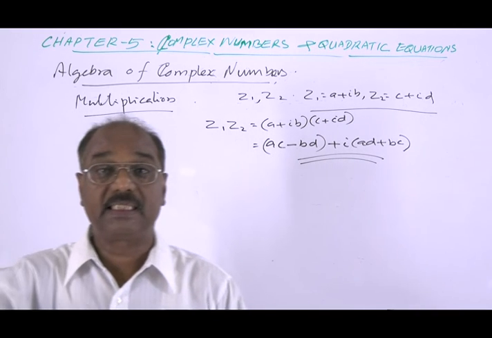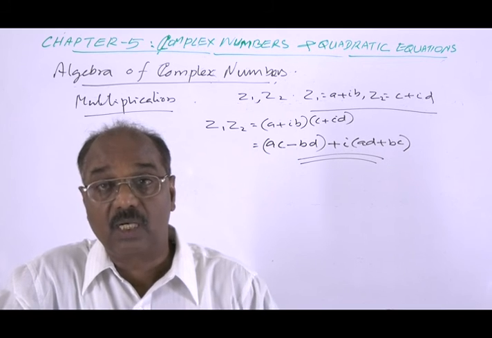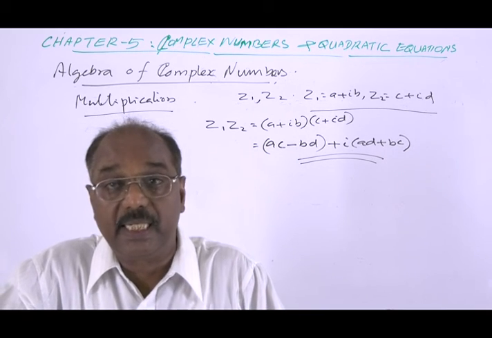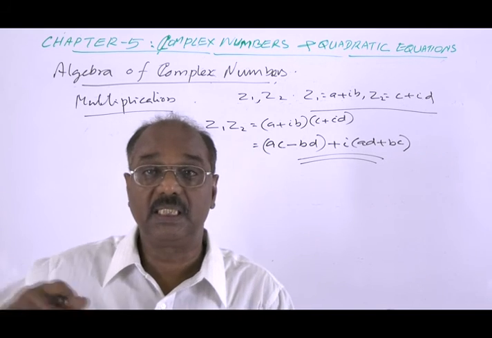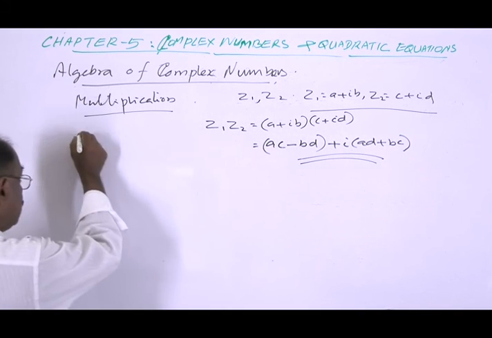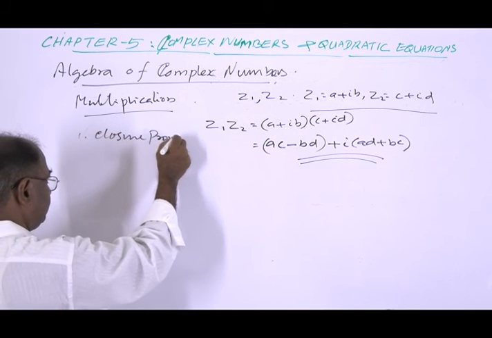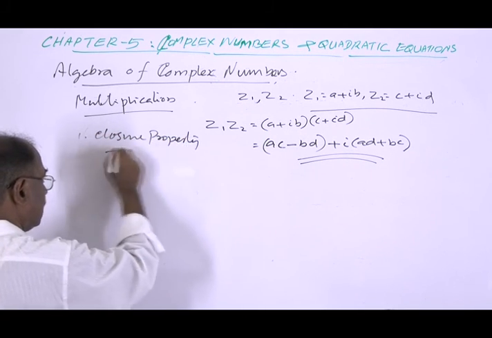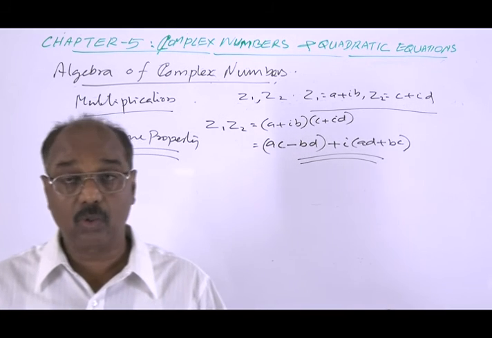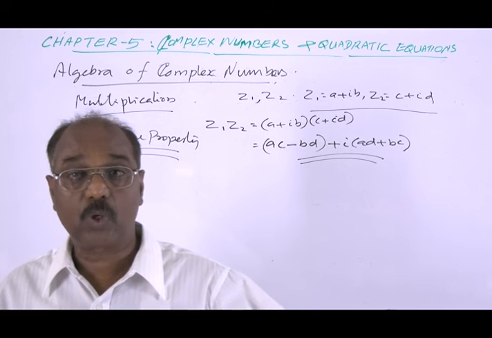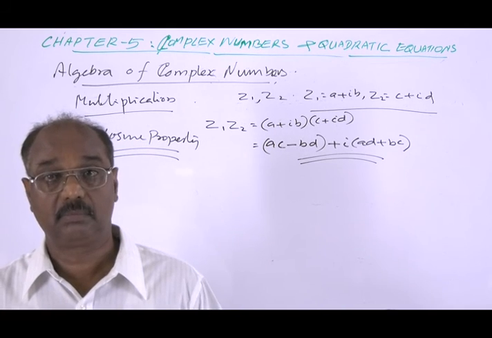And now we can check the various properties. What are all the properties satisfied by this multiplication? So first, closure property. The operation multiplication is said to be closed if the product of two complex numbers is again a complex number.